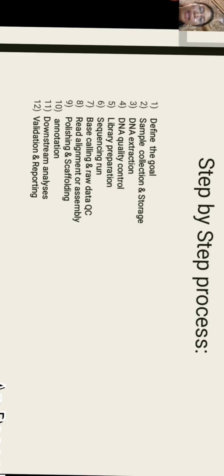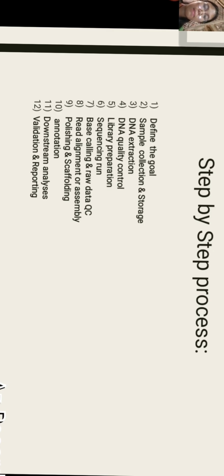So number 9 is polishing and scaffolding. It means making the assembled genome cleaner, fixing errors, and connecting pieces into longer chromosome-like sequences. Number 10 is annotations.